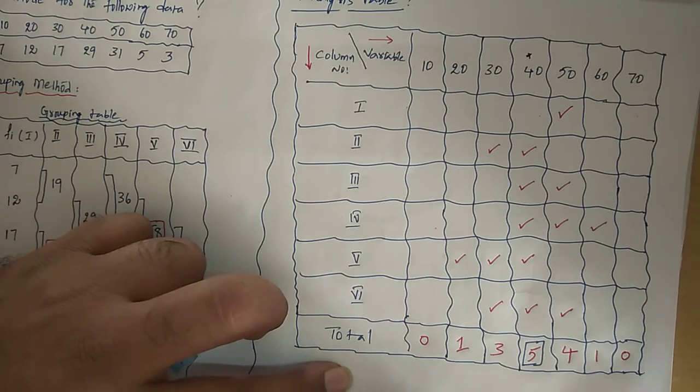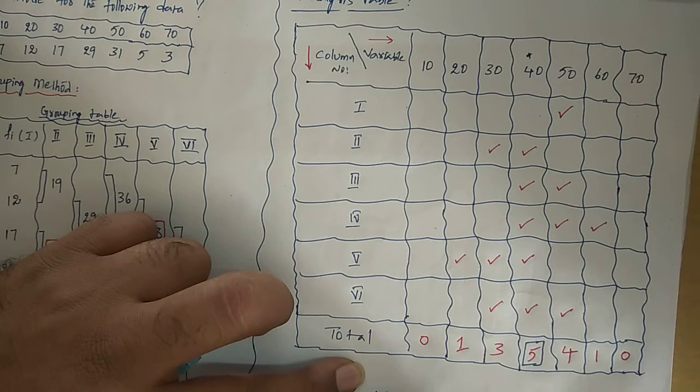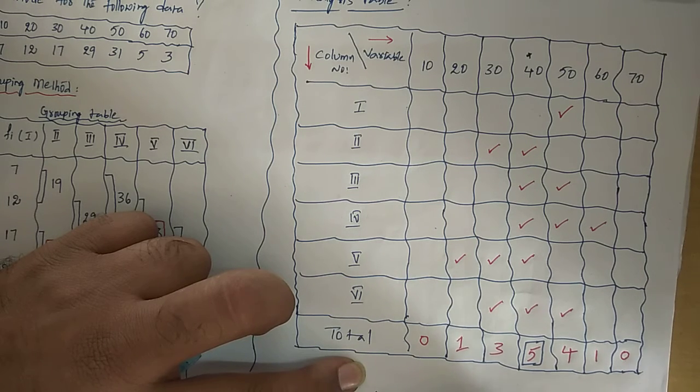Therefore, mode is equal to 40. So mode is nothing but 40. Answer. So what is mode here? Mode is nothing but, careful, 40.